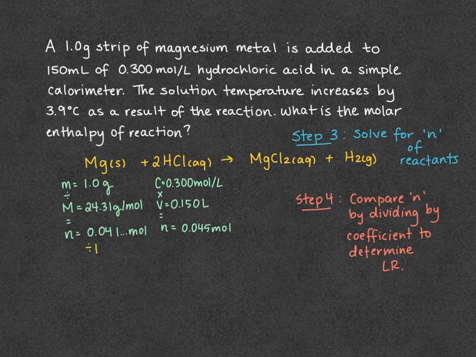We'll divide magnesium by 1 and we get 0.04, and we're going to divide HCl by 2 and we'll get 0.02 with some extra numbers on the bottom. These two numbers are now directly comparable, and the smaller of these two corresponds to our limiting reagent. So this means that HCl is our limiting reagent. It will run out first and it will determine how much heat is produced.